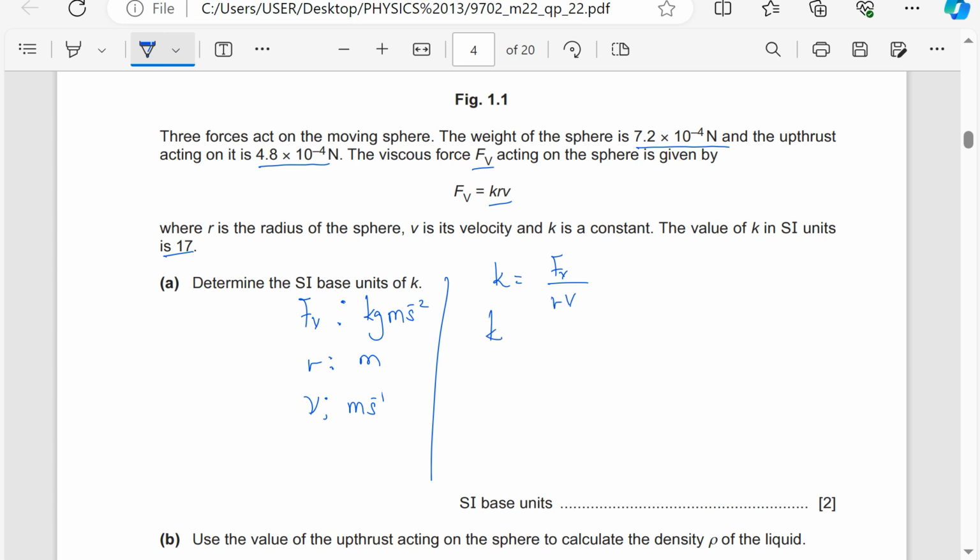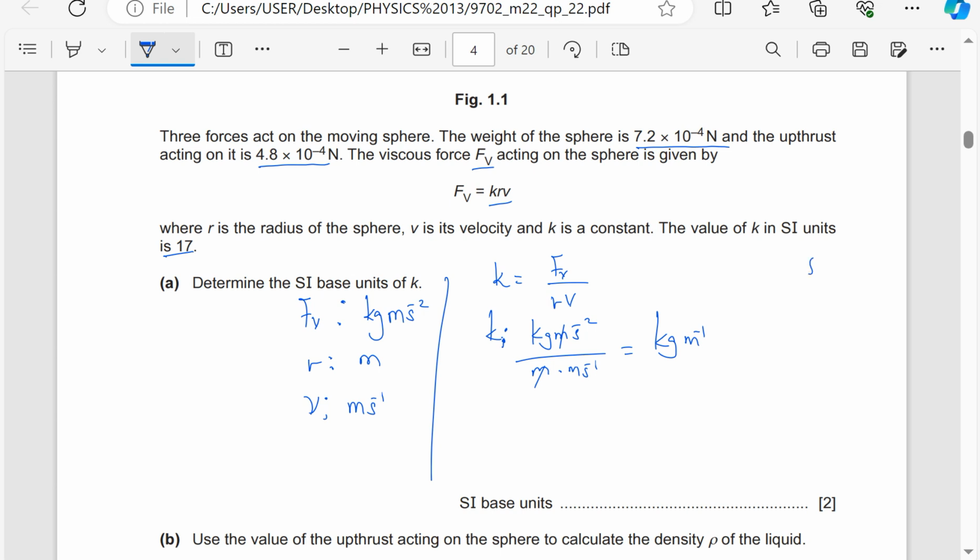Which means the units for K will be for F, kilogram meters per second squared, divided by R, which is meters, times meters per second. So one meter cancels, and this simplifies to kilogram, with 1 over m becoming per meter.